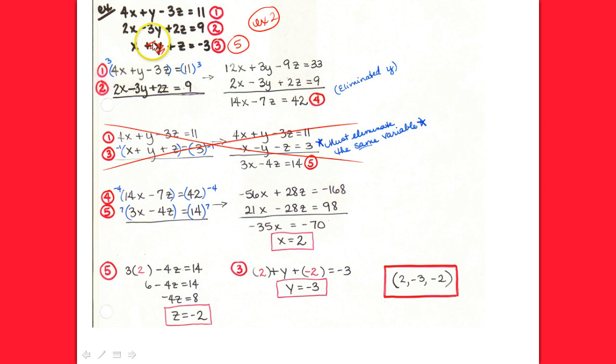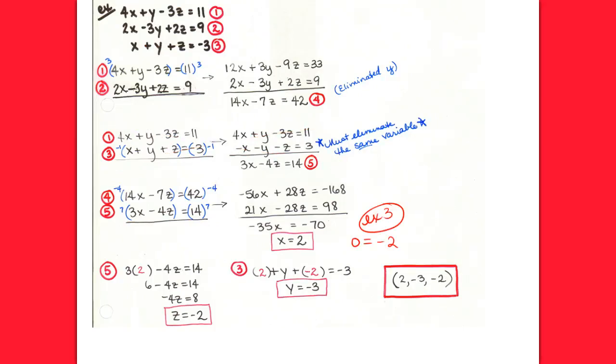Because this is an equation that only has x and z in it. So if I create an equation that only has x and z in it, then this can become my equation number 5 and my equation number 4, so I have a system of two equations with two unknowns, and I get to eliminate this whole step right here. So they're trying to be nice to us and ease us into it on some of the problems, but I just didn't want that to confuse you.